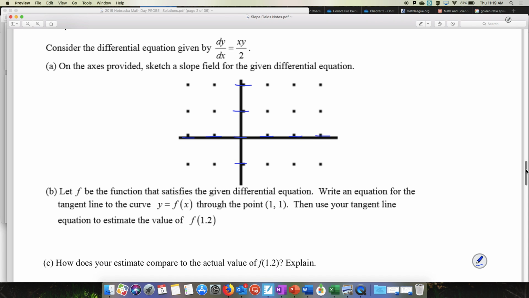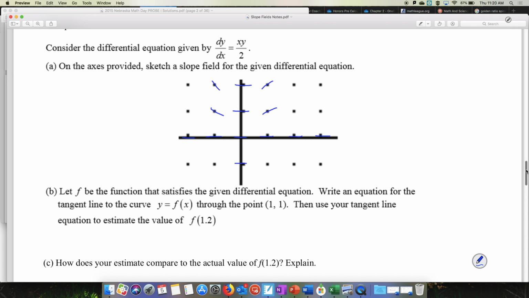Okay, at 1, 1, we would have a slope of 1/2. At 1, 2, we would have a slope of 1. I'm going to go ahead and reflect that with our negative. So, negative 1/2, negative 1. At 2, 2, we have a slope of 2.